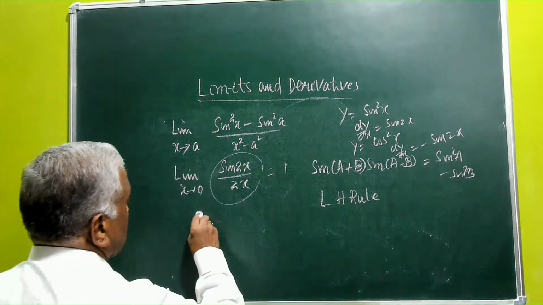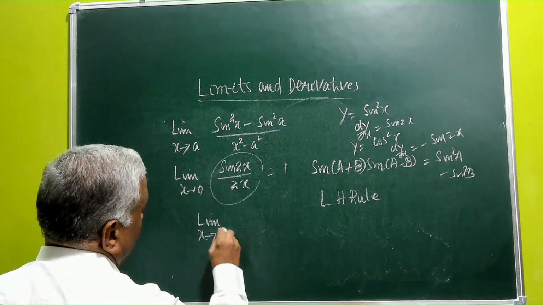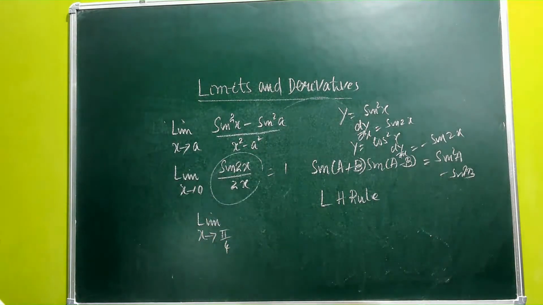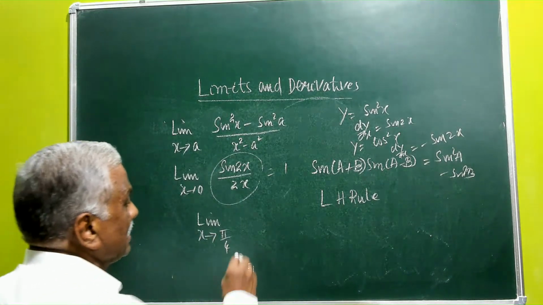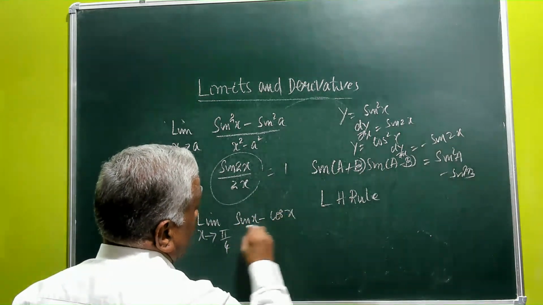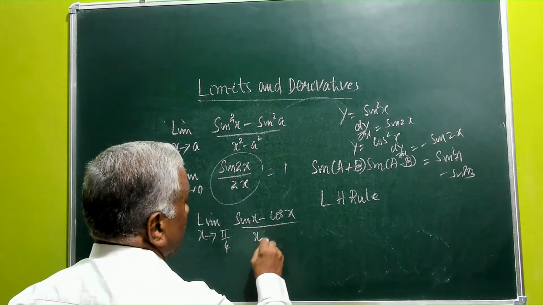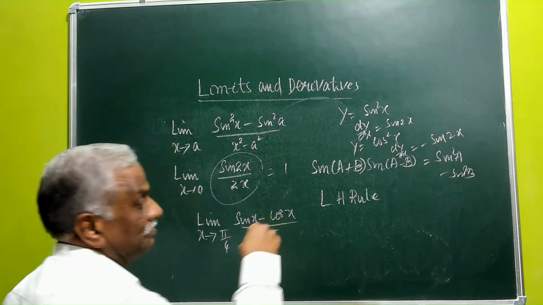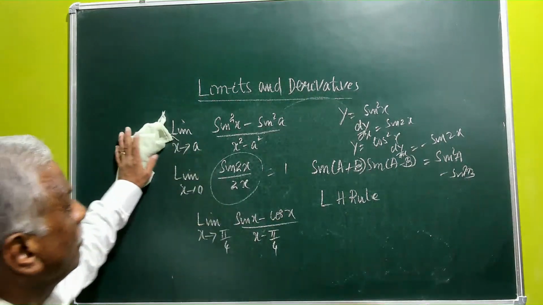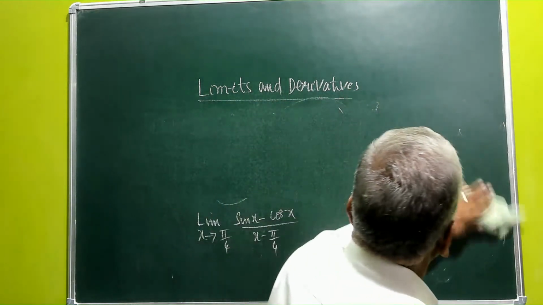Sometimes they give a problem like this. Limit x tends to pi by 4, (sin x minus cos x) by (x minus pi by 4). These are all special problems which are not in the standard form.